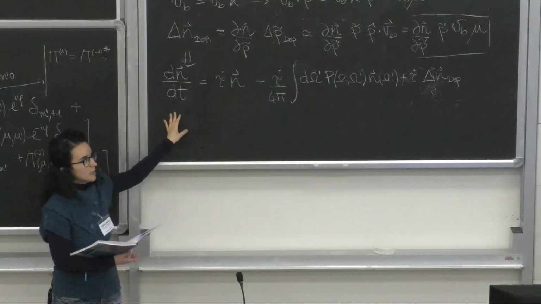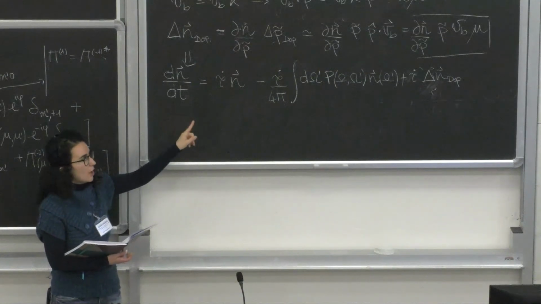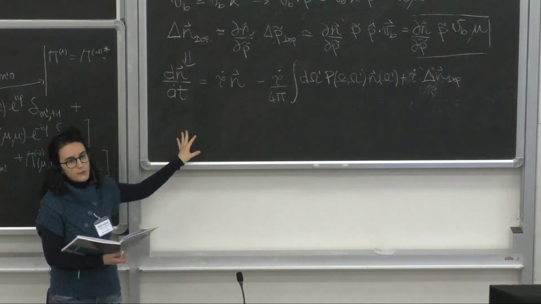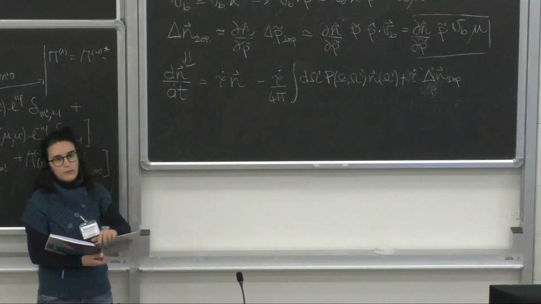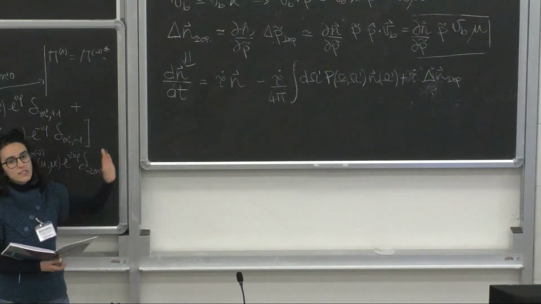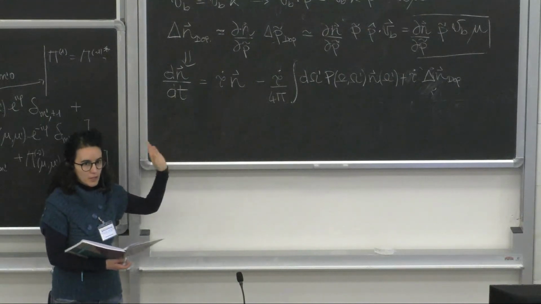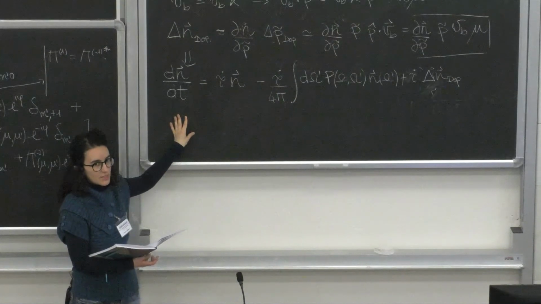So first, let's focus on scalars, and let's also consider that the Doppler effect, because it arises from the relative velocity between photons and electrons, just applies to the scalar case, so we will not consider the Doppler in case of tensor perturbations. So let's first focus on scalars.